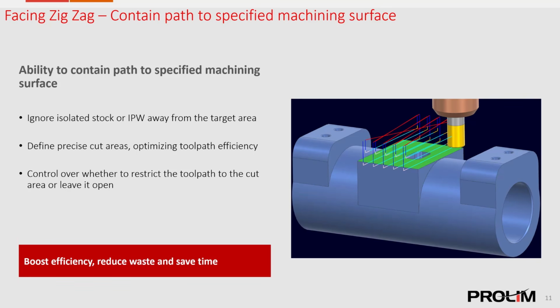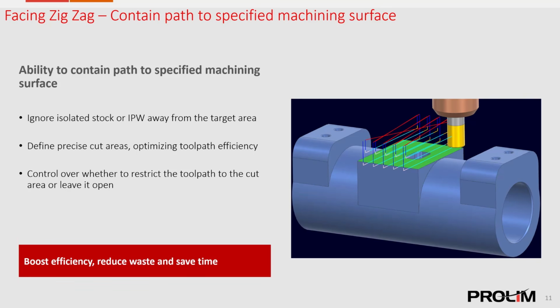So let's take a closer look at the new enhancement that brings more precision and intelligence to your toolpath generation: the ability to contain toolpaths specifically to a defined machining surface.